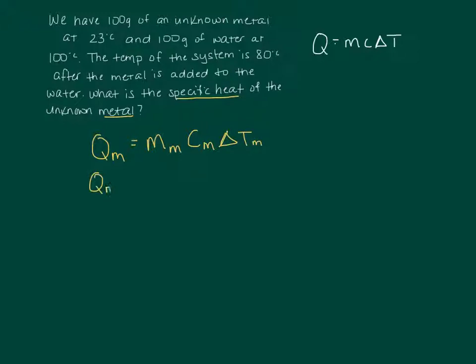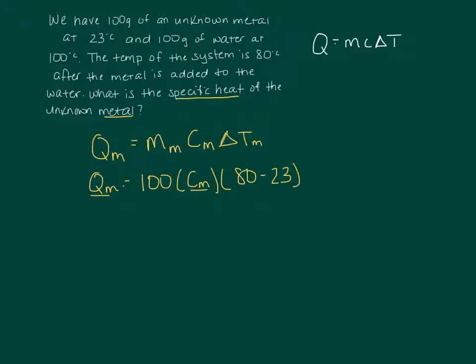I don't know my Qm, but my mass of my metal is 100 grams, the specific heat of my metal is what I'm trying to find, and my temperature change of my metal, remember it's final minus initial, is 80 degrees minus 23 degrees. Unfortunately, I have two variables, my Qm and my cm, so this equation by itself isn't going to help me.